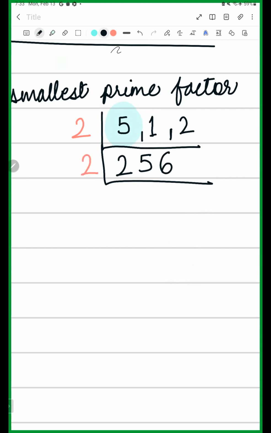Okay, wait. Wait, I'm still doing it. Okay. 148. No. 2 ones are 2. Okay. Now, Hiba, wait, sorry.